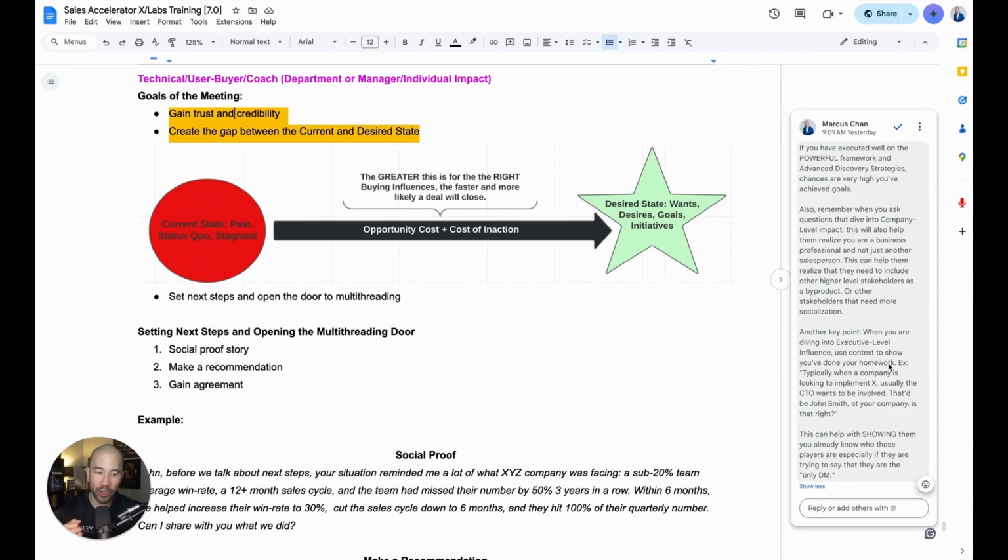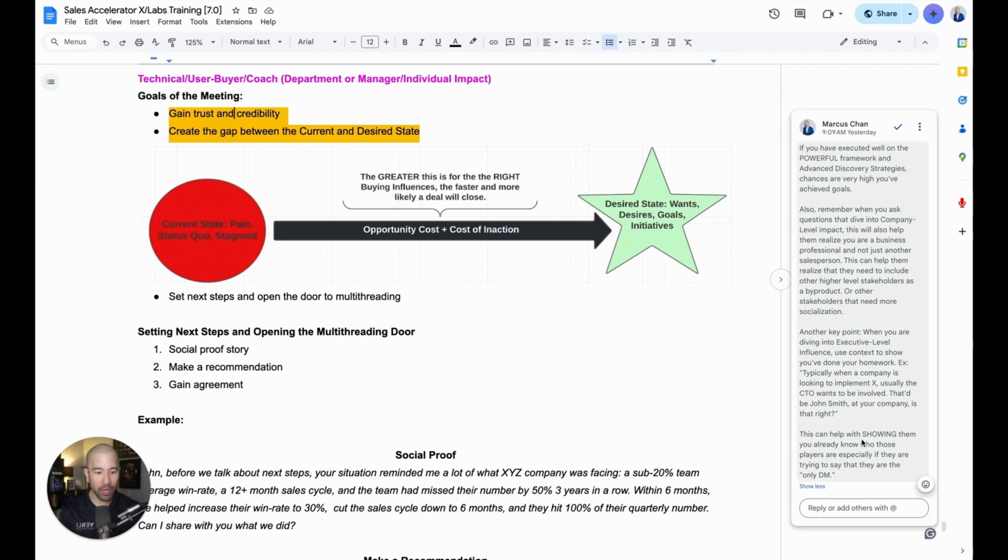That would be John Smith at your company. Is that right? This is very powerful because you've done your homework, and since you mentioned these people from the sales call plan in the prior sections, it makes them less likely to want to block you from meeting these other people, because they're like, oh, this person already did their homework, right?